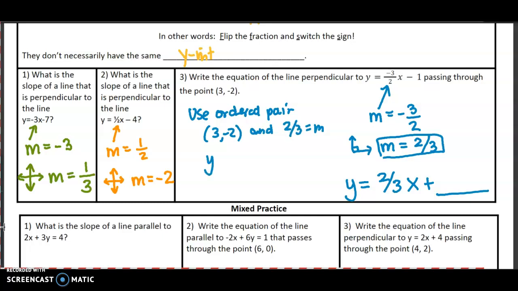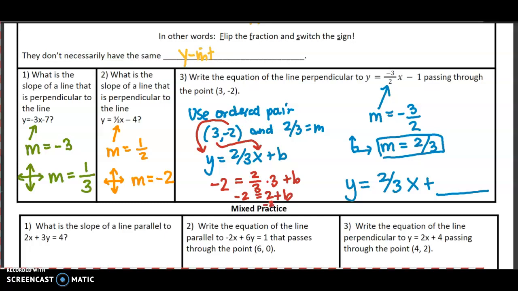So y equals 2/3 x plus b, but we're going to take the 3, plug that in for x, take the negative 2, plug that in for y. So now you get negative 2 equals 2/3 times 3 plus b. 2/3 times 3 is 2, so negative 2 equals 2 plus b.